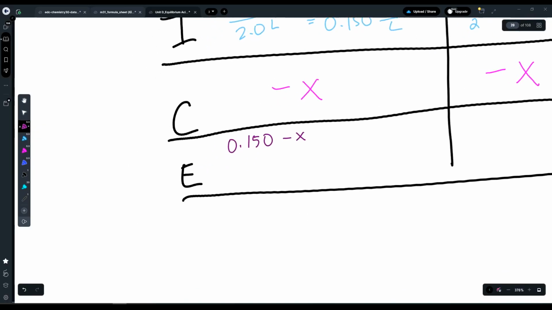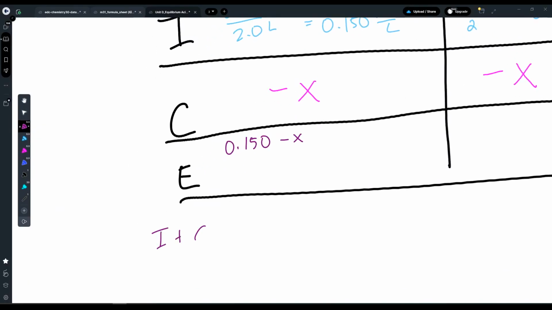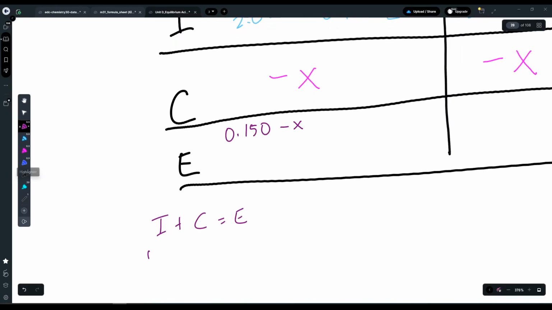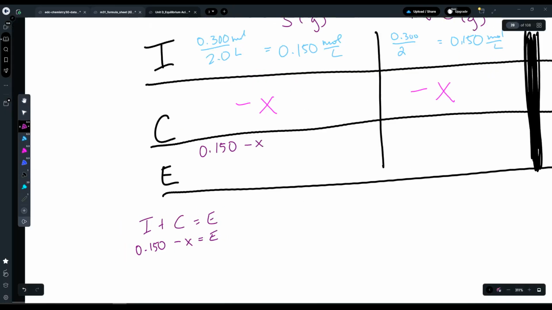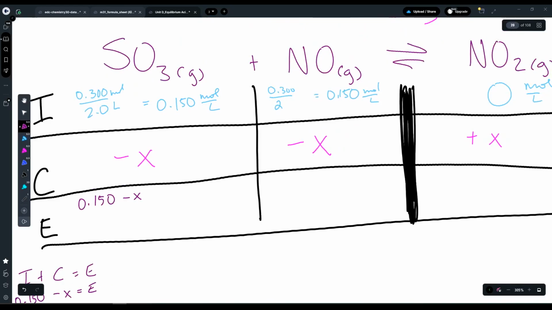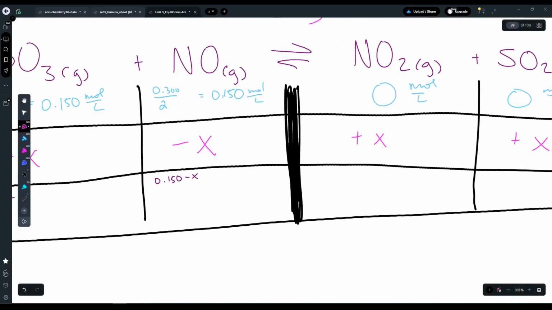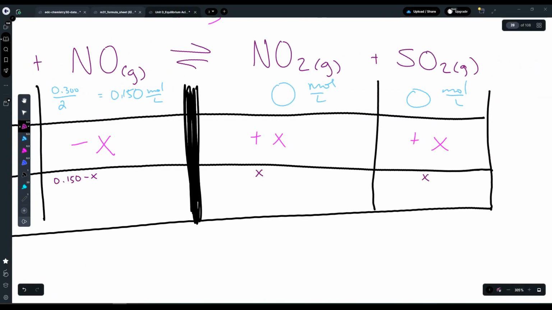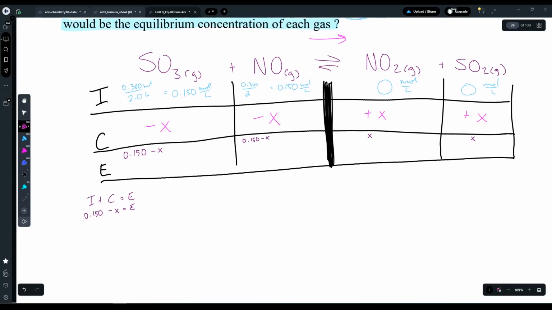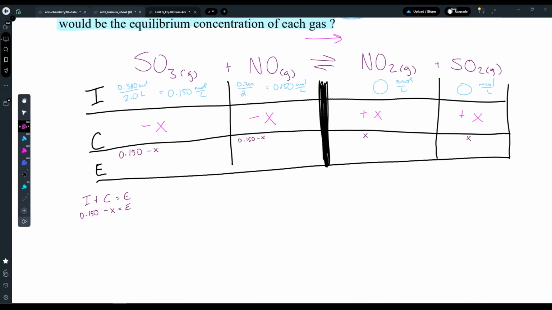How I'm getting that is still that I plus C is equal to E. So the I, 0.150, minus X gives us the equilibrium concentration. I'm just writing this in to help us out later. But the problem is we don't know what X is.